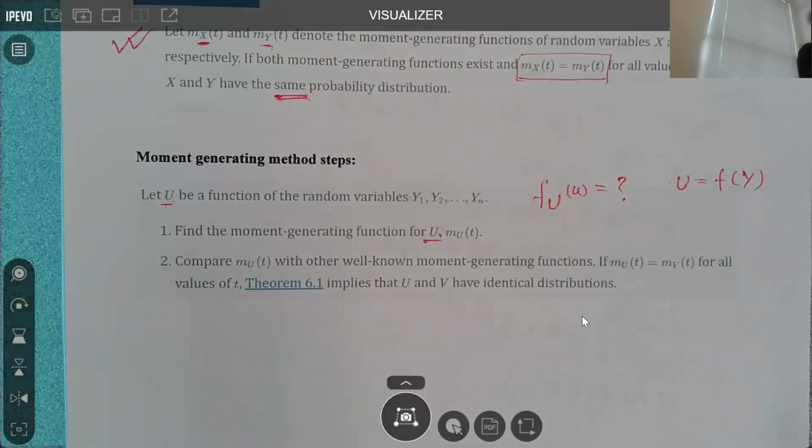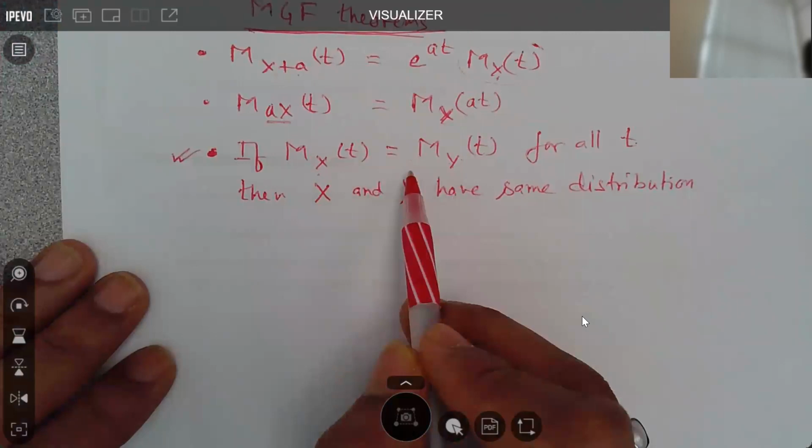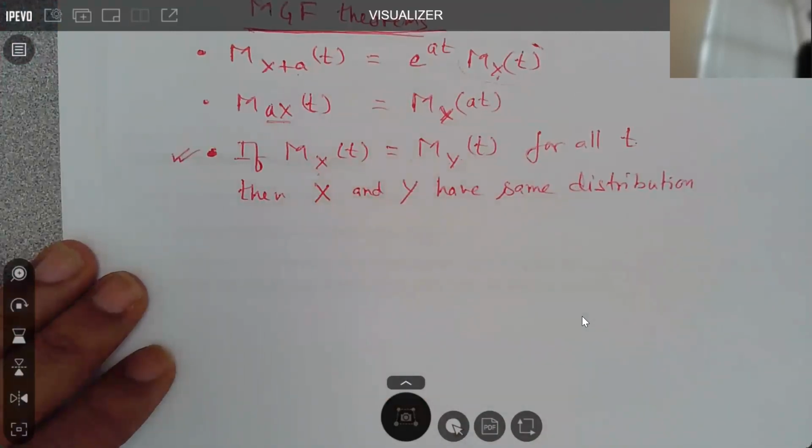If the moment generating functions of the two random variables are equal, then you can recognize the distribution of the new random variable u.